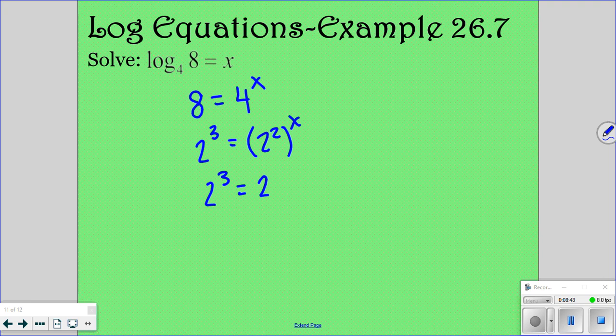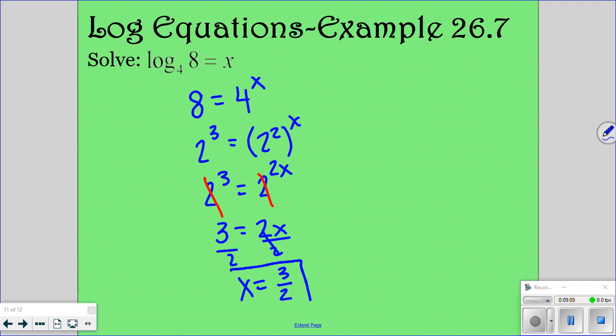So that's 2 to the 2 times x. Now that they both have a base of 2, the 2's can cancel out. And then that'll leave us with 3 equals 2x. And so then we can divide by 2 to make x equals 3 over 2. And so that would be your x value.